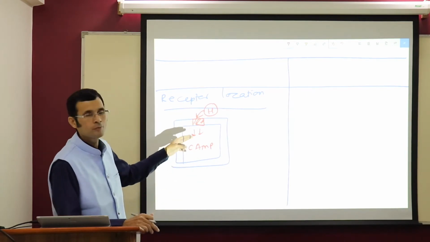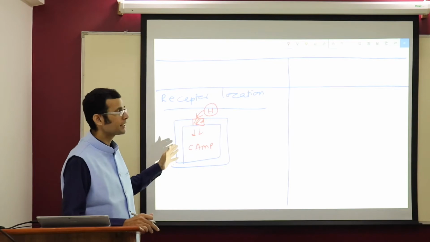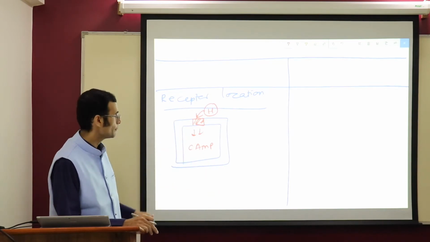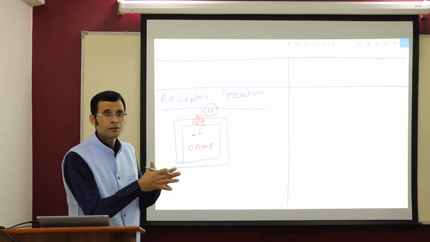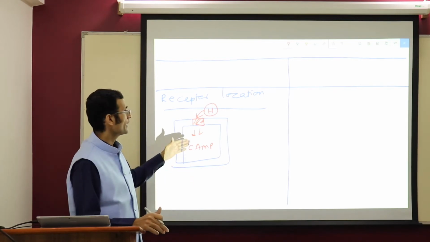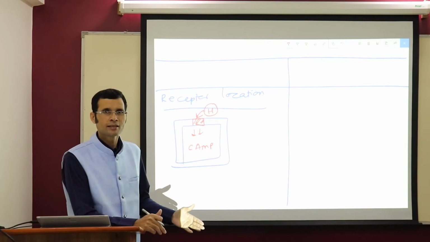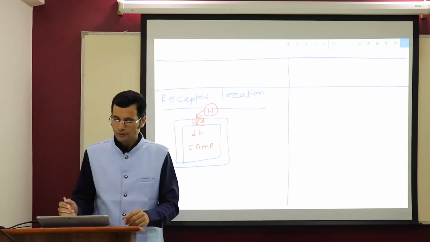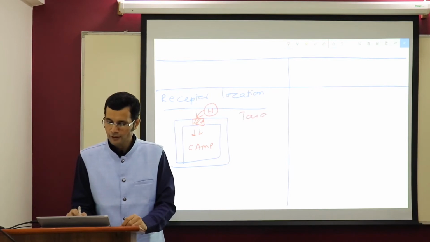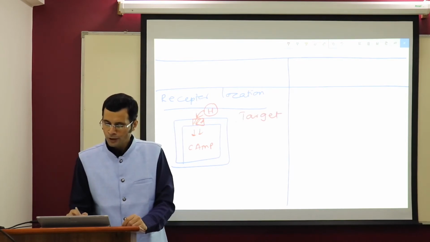So if the hormone is the first messenger, then there is activation of a second messenger inside the cell. That is how protein hormones exert their action without entering the cell, by acting on the membrane receptor. So that's for the protein hormones.